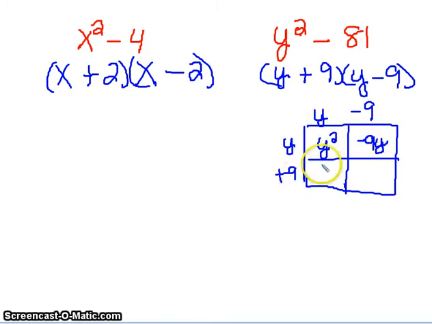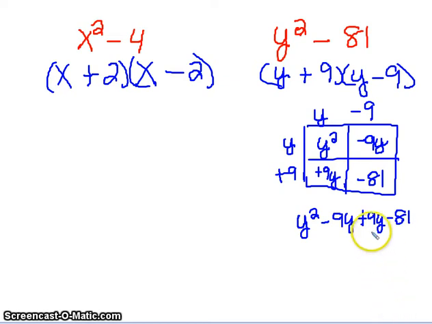What is 9 times y? What is 9 times negative 9? And if we were to write this out, we have y squared minus 9y plus 9y minus 81. These cancel. And that's why my answer is y squared minus 81. So does it check? Yes.